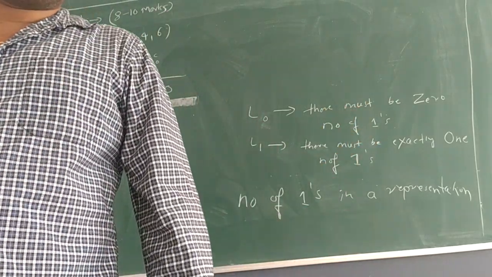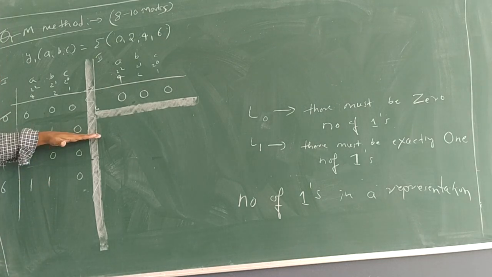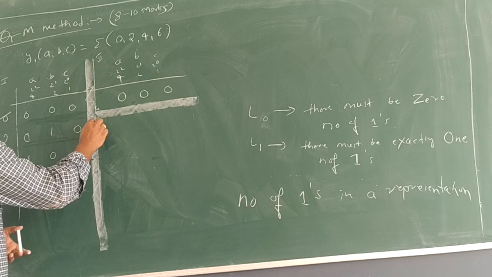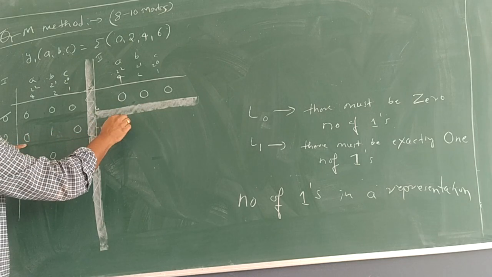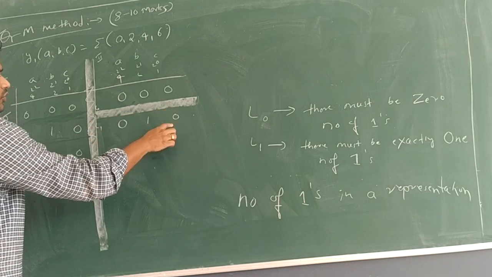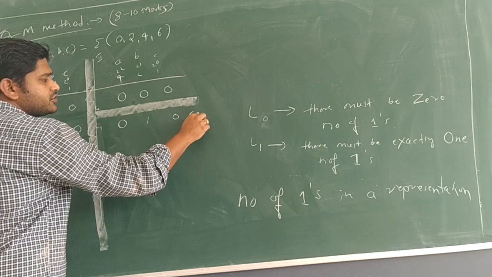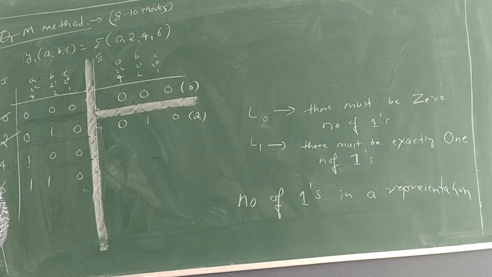Take a horizontal representation and count the number of ones. How many ones here? 1. Hence, that will get an entry in L1. What is that entry? 010. The notation is 2. For your reference, you write the notation 0 and 2.